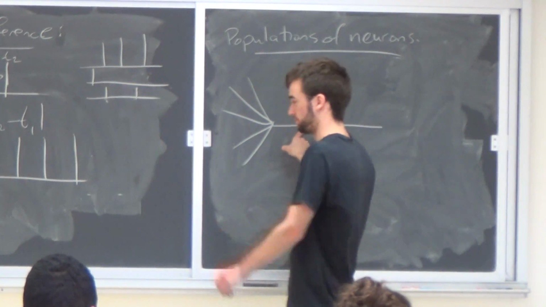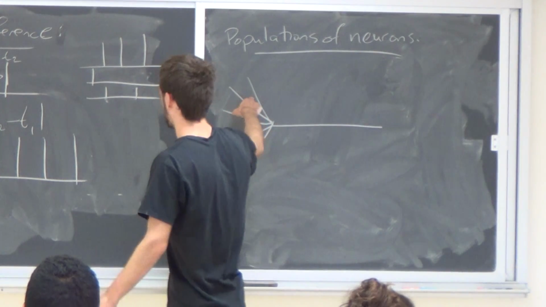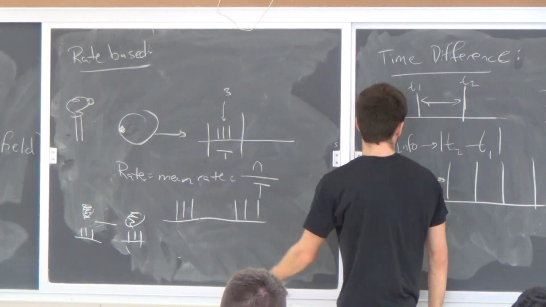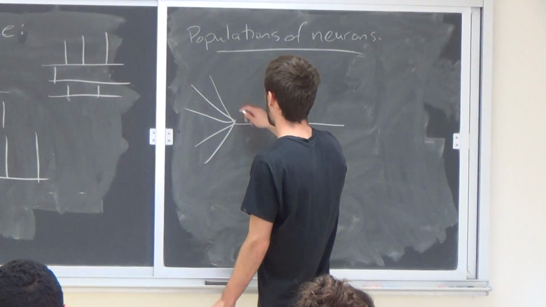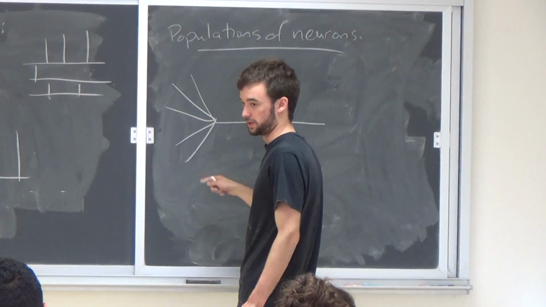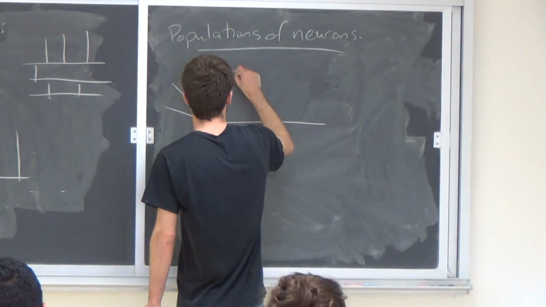And this neuron is trying to decide what to do. Instead of looking at just one of these guys and saying, well, what's his mean rate or the amount of time in between the spikes, this guy here takes an average of what everybody's doing over a little bit. So this is the population average.